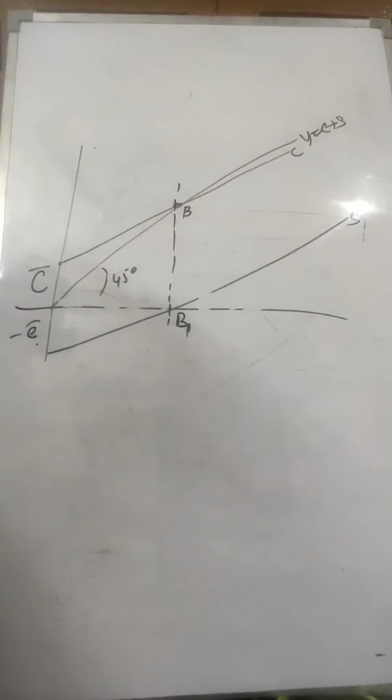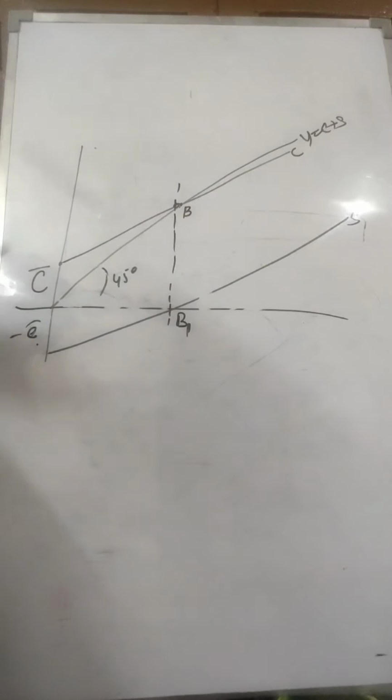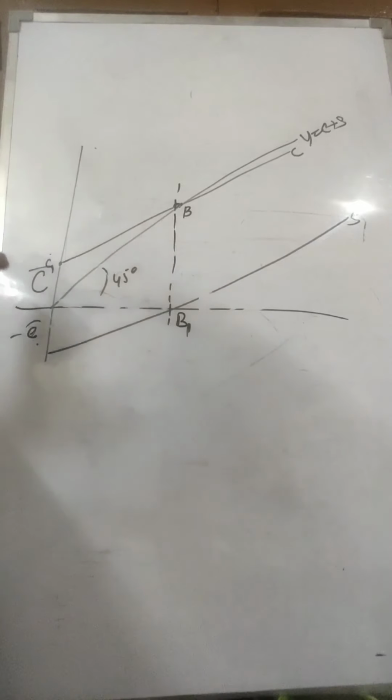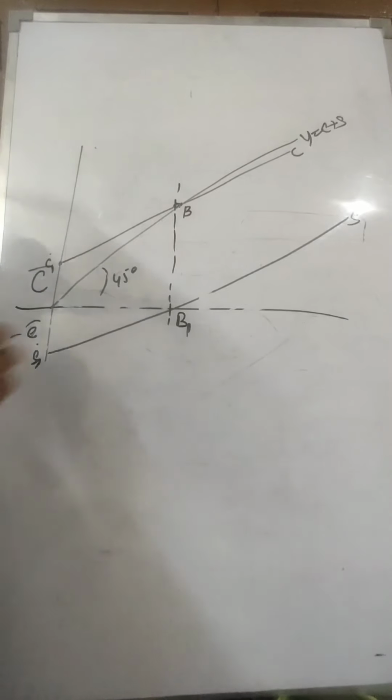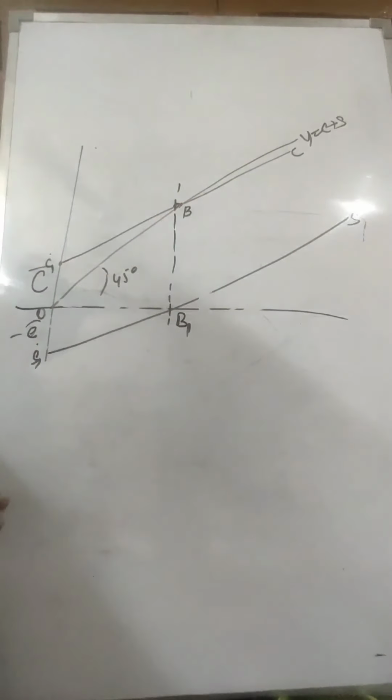Okay, now how do I calculate it? First of all, this is my C1, and this I can say is S1. This will be my O, C1C, S1S.